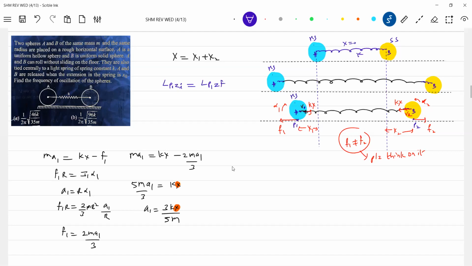Initially, they were released from rest, so 0 plus 0. Finally, shall we write directly m V1 R plus moment of inertia I1 omega 1? Both are clockwise.